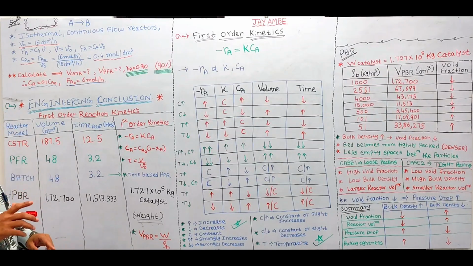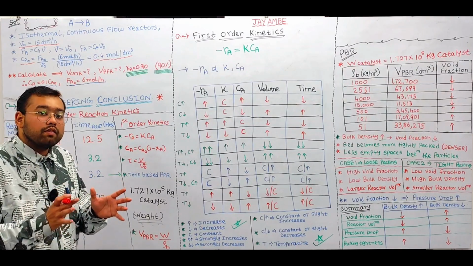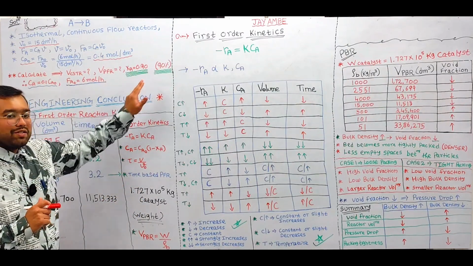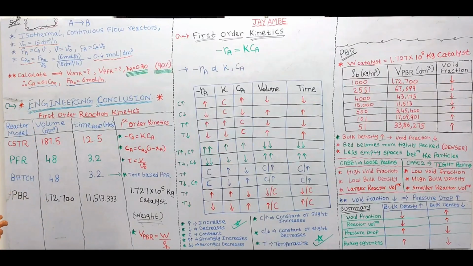So to conclude, in the first comparison, we will select PFR as the reactor model, where we require smaller reactor volume and lesser reaction time in order to achieve the desired conversion of 90%. I hope you understood.